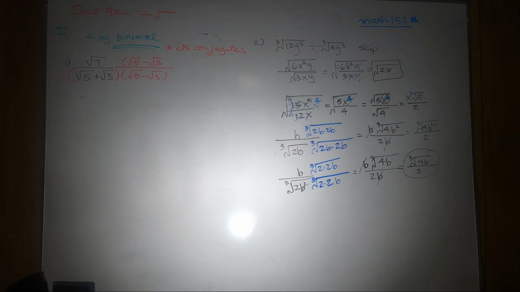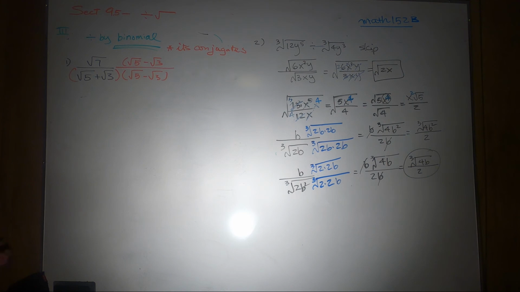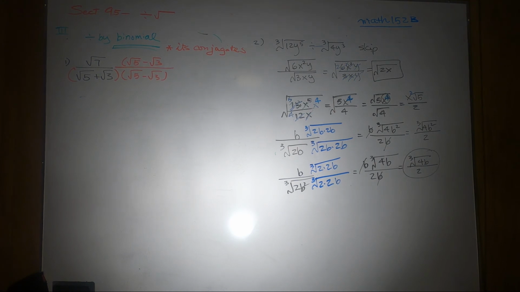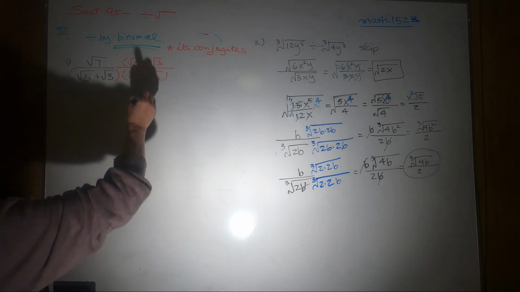The reason we are doing that, you will find, is that when it multiplies by its conjugate, the radicals will go away. Okay? So you need to double check whether or not it's the case.